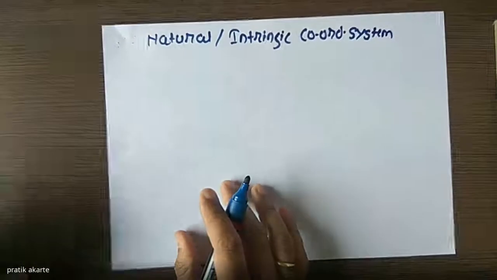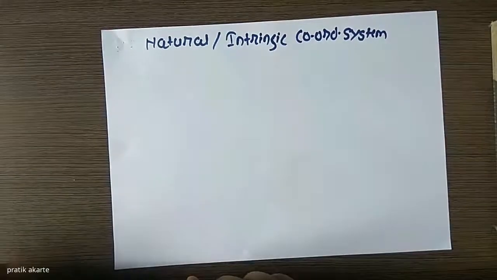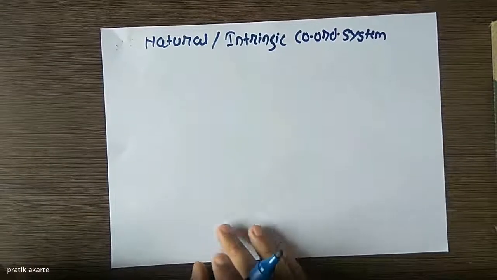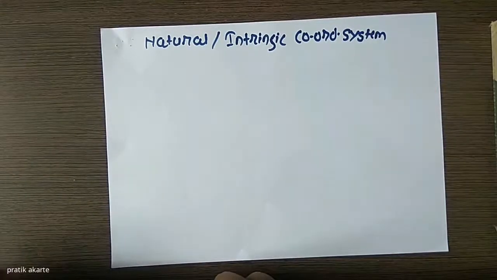So we consider the typical example of an element having node numbers 1 and 2, and then we'll establish the relationship.